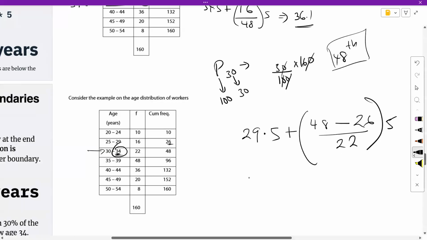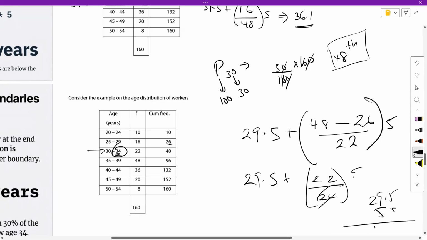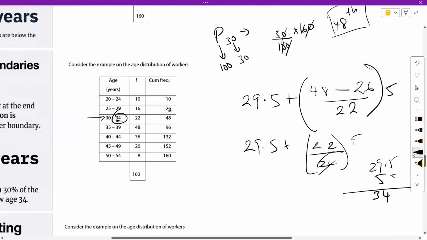When we solve this, 29.5 plus 5 equals 35.